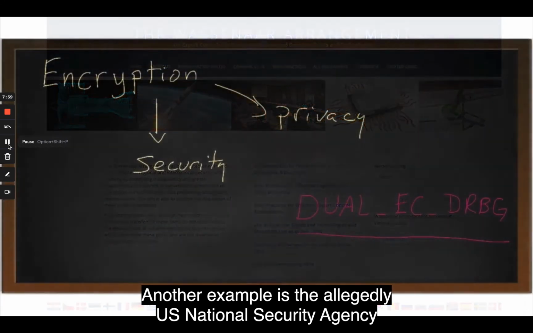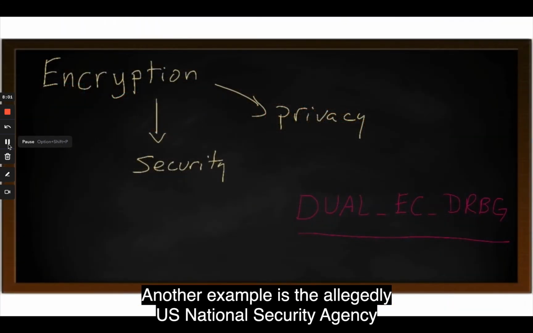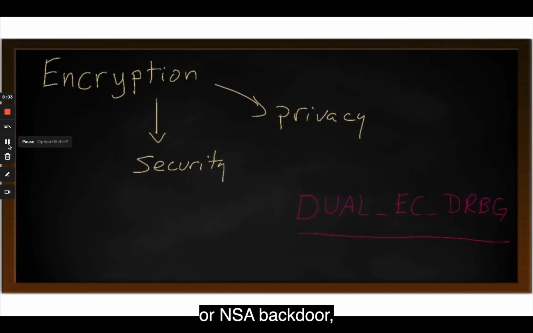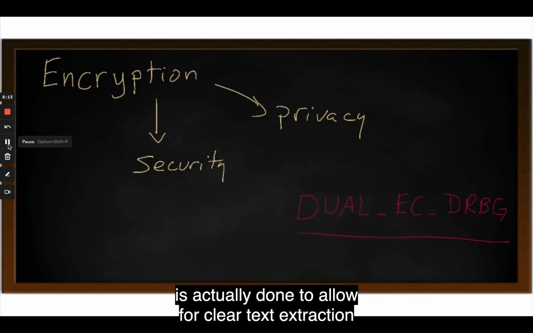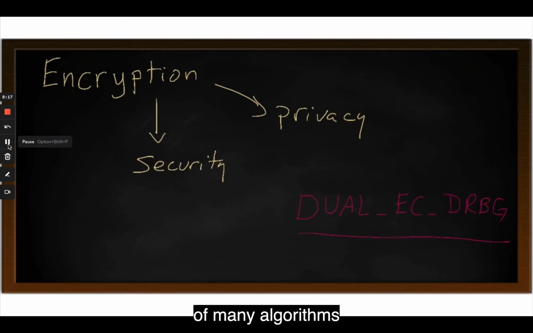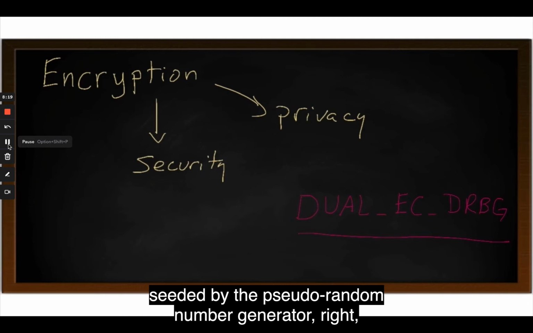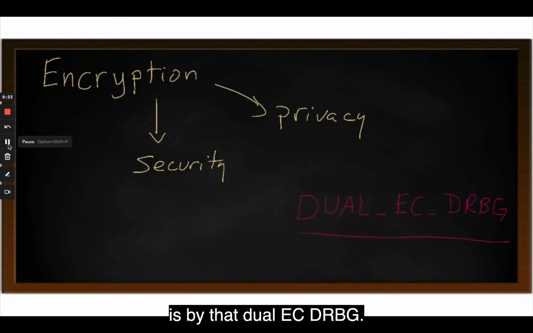Another example is the allegedly U.S. National Security Agency, or NSA, backdoor in the Dual Elliptic Curve Deterministic Random Bit Generator, or Dual EC DRBG. This was allegedly done to allow clear text extraction of many algorithms seeded by that pseudo-random number generator, the Dual EC DRBG.